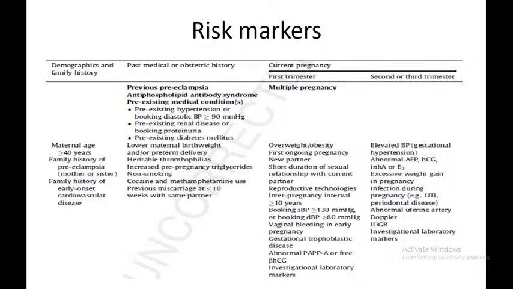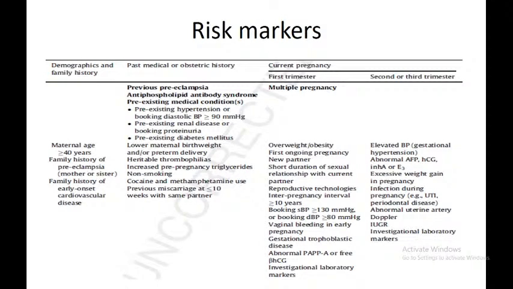So in the demographics and family history, if a woman's age is equal to or more than 40 years, she is more prone. And also if she has a family history of pre-eclampsia, so if her mother or a sister has this condition, again she is at risk.